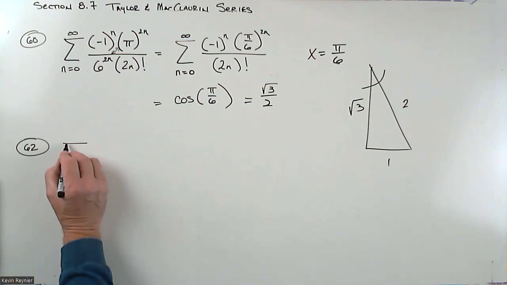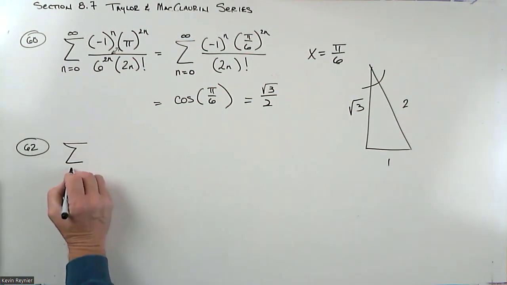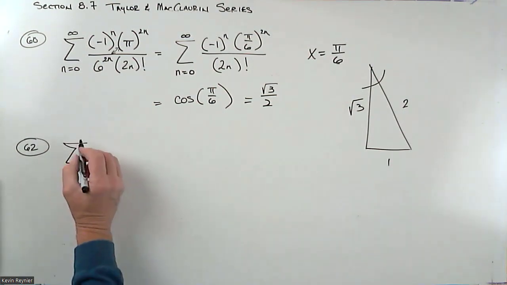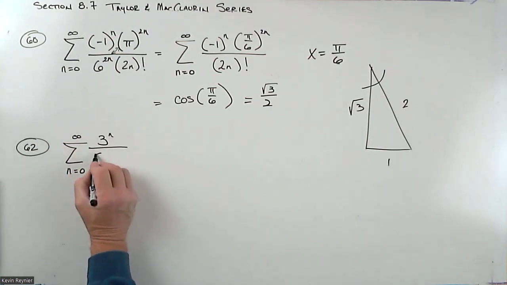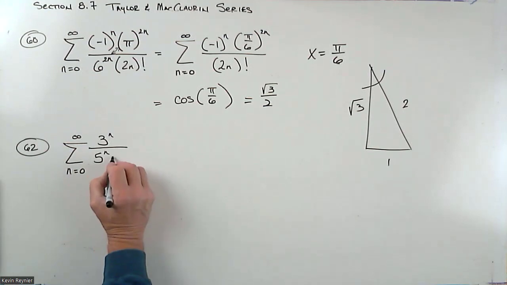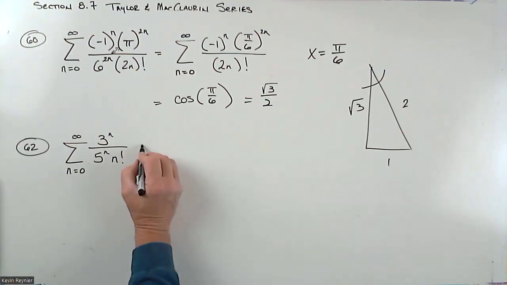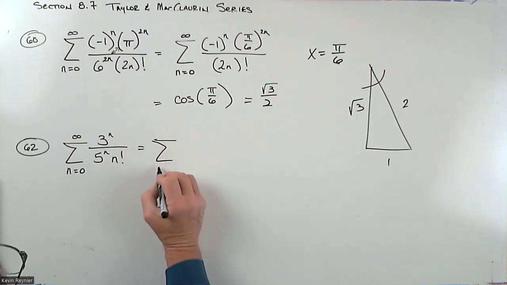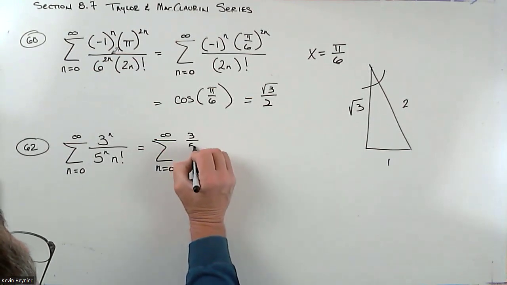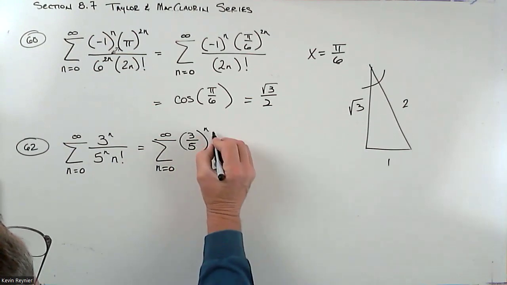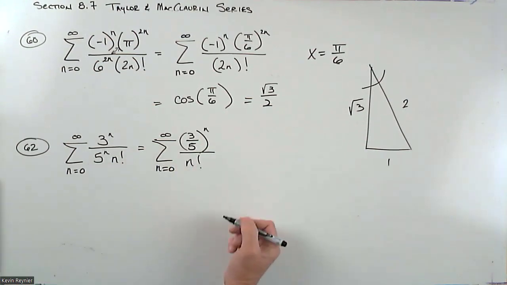It says sigma, oh, it's even easier. N equals 0 to infinity, 3 to the n over 5 to the n, n factorial. This is sigma n equals 0 to infinity, 3 over 5 to the n over n factorial.